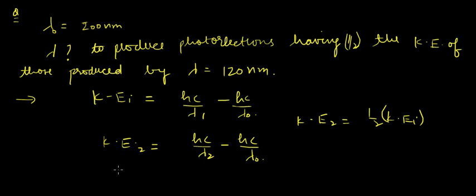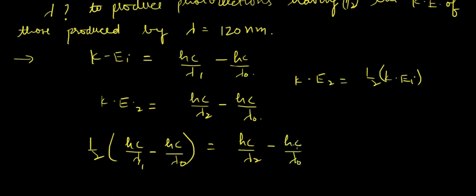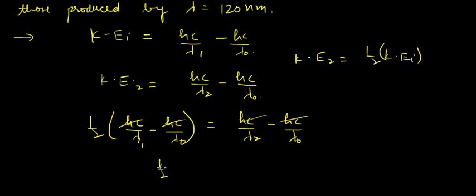So half of kinetic energy 1, half of (hc by lambda 1 minus hc by lambda naught), equals hc by lambda 2 minus hc by lambda naught. Hc from all the terms will get cancelled. We would have half of 1 by lambda 1 minus half of 1 by lambda naught equals 1 by lambda 2 minus 1 by lambda naught.